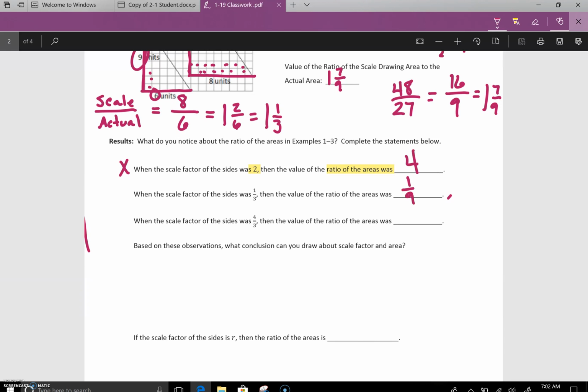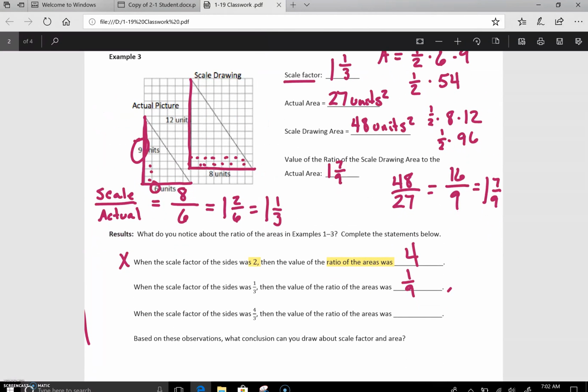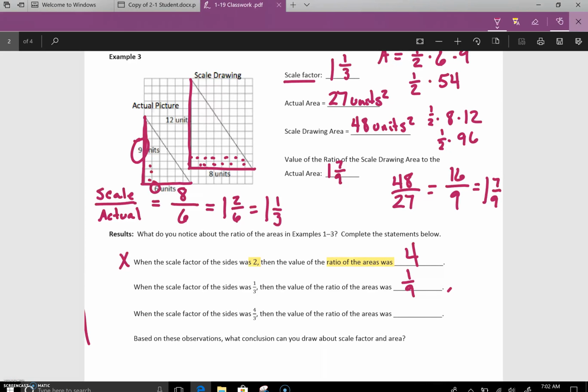When the scale factor of the sides was 4/3, or 1 1/3, the value of the ratio of the area was, and so this is our last one, we can write it as 16/9, or we can write it as 1 7/9 because they're the same number. So let's go with 1 7/9.